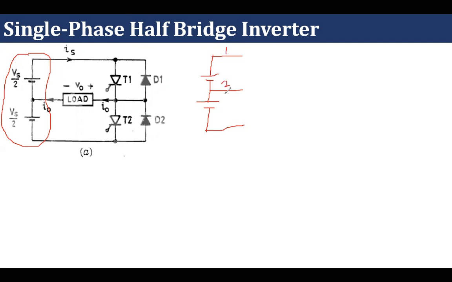Suppose you have only one DC source, so you need to convert that single DC source into a three wire DC source situation. Only then are you able to design this single phase half bridge inverter.